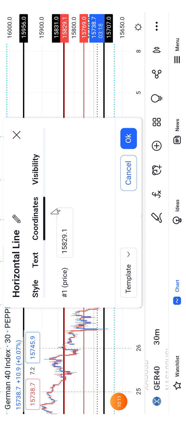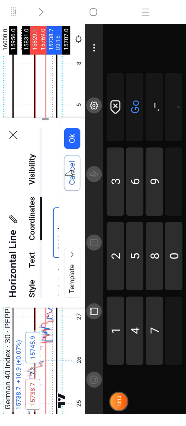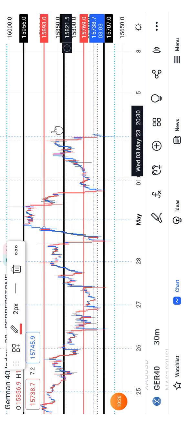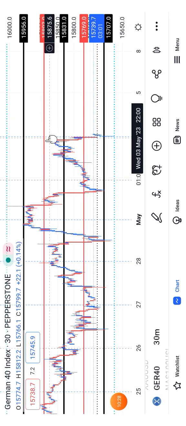Which I'm going to get 15893. So I'm going to add that 15893, which is the price that I got. So this is where I got my price.